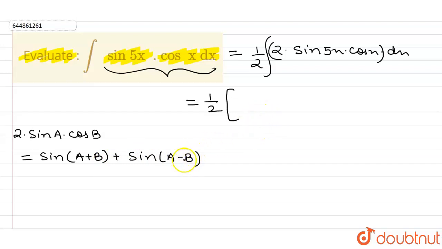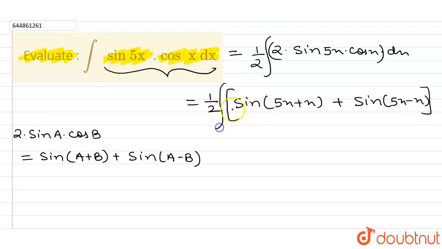So by using this formula, I can write it as sine (5x plus x) plus sine (5x minus x). Here it is integration, so I write here integration and here it is dx.